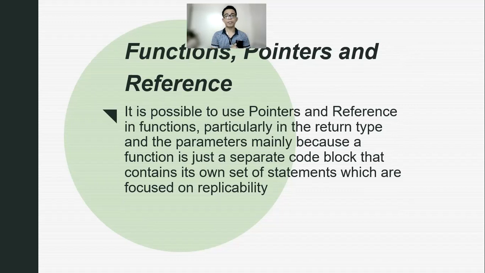To implement pointers and references in functions, we will first declare some of our parameters to be pointers. The process is like how we declare variables as pointers. We will simply append the dereferencing operator, the asterisk sign, or the double asterisk sign to our parameter name.